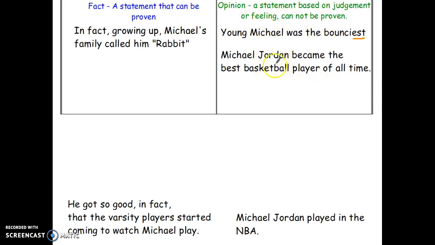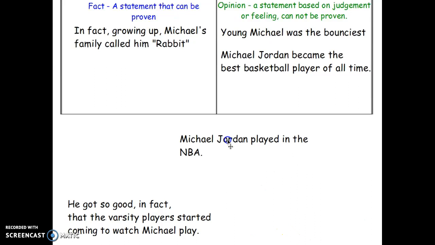Miss Roberts may feel like or think Michael Jordan is the best basketball player of all time. But there may be other kiddos in our classroom today who think LeBron James is the best basketball player of all time. We each have our own ideas or feelings about who is the best. There's no way we could prove who's the best basketball player of all time. Those are our own opinions, our own feelings about who's the best.